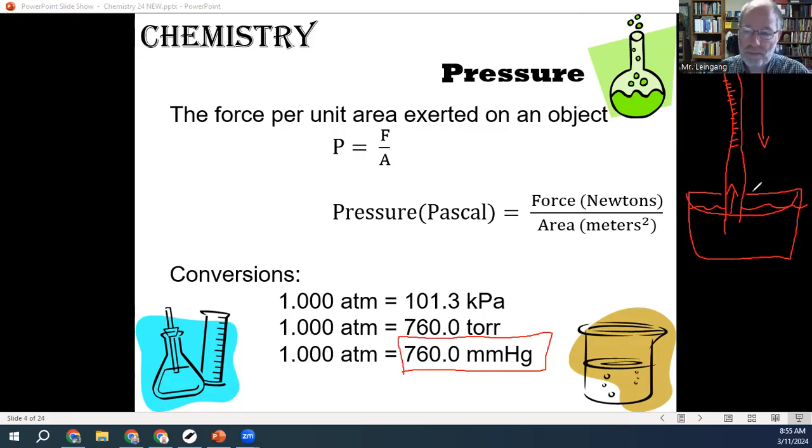If you were to look up the air pressure now on your phone, like on a weather app, a lot of weather apps will tell you what the air pressure is because air pressure plays a large role in the weather that you're going to get.